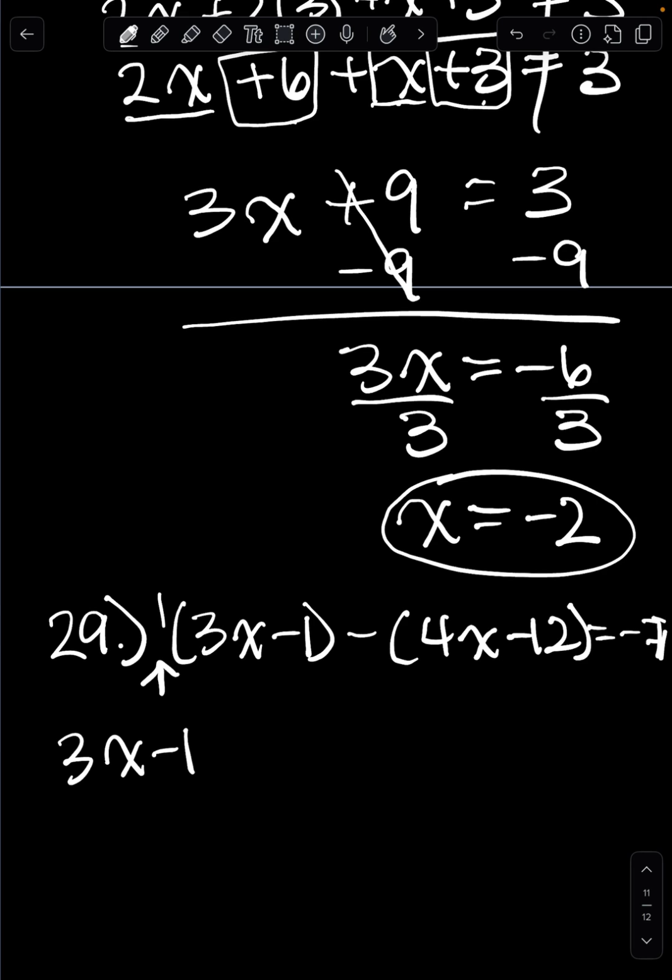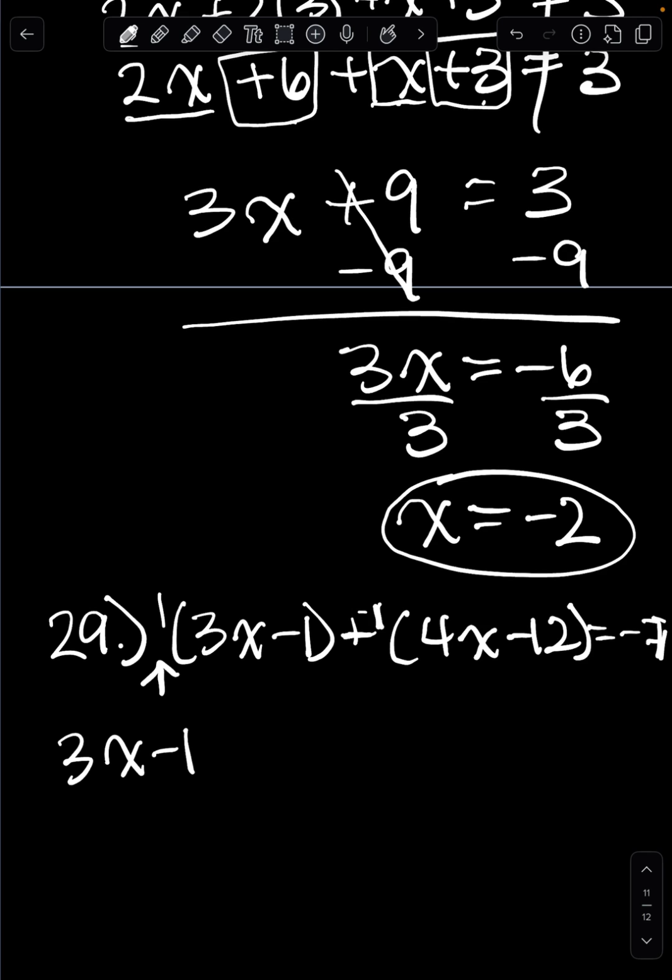3x minus 1. This next group of parentheses is a little different. This one has a minus. If we throw a 1 there, because that parentheses exists, so there is 1. So we put a 1 in front. That means we've got plus a negative 1 being multiplied to it, which is going to distribute across.